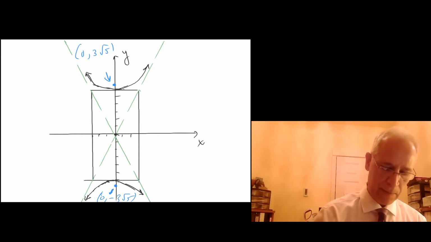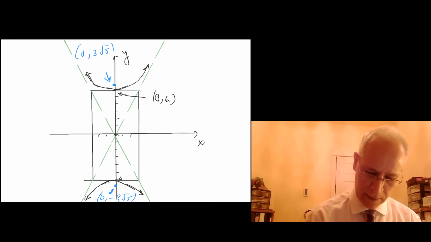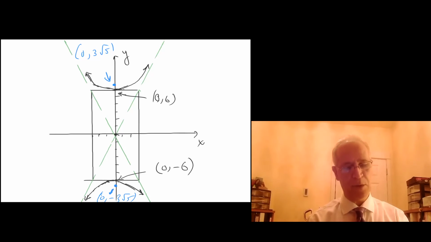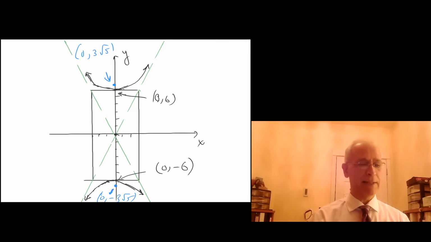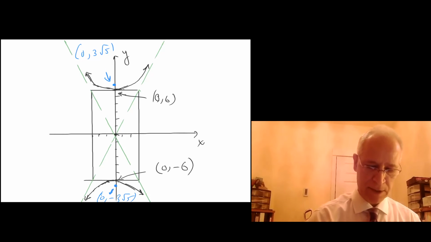How about this vertex right here? Let me change to black. This vertex right here is 0 comma 6. And this right here is 0 comma negative 6. How about the equation of my asymptotes? Okay, so I have y equals mx plus b.